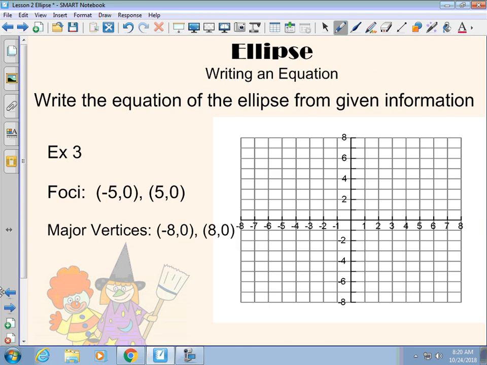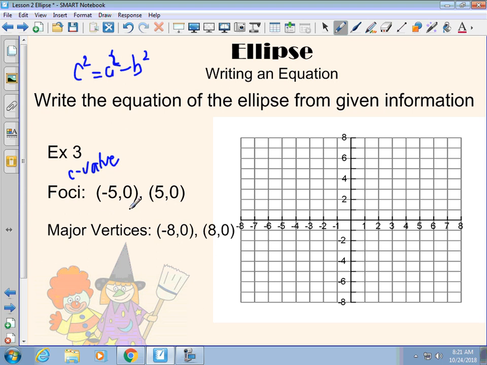All right, let's look at one last example, this time with foci. Remember, foci always represent C values. And if we have a C value, it means we need to use that equation, C squared equals A squared minus B squared. Sorry, that 2 does not look much like a 2.